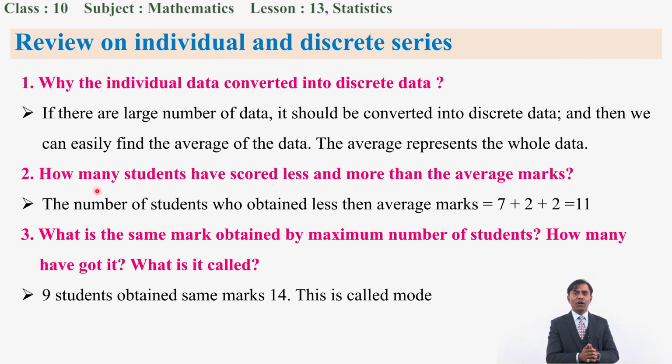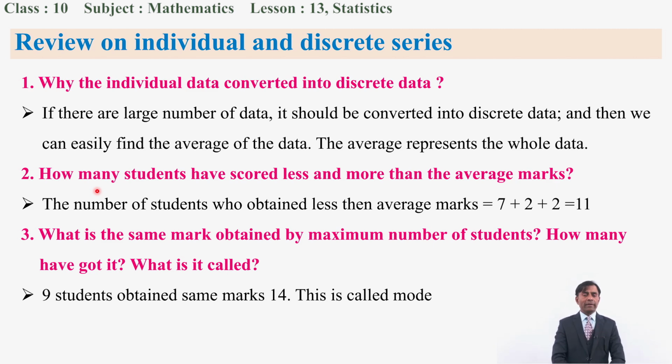Mode is also a type of central tendency, because there are 3 central tendencies: mean, median and mode. Now we are doing mean. The marks corresponding to the highest number of students is called modal marks or mode value, right?